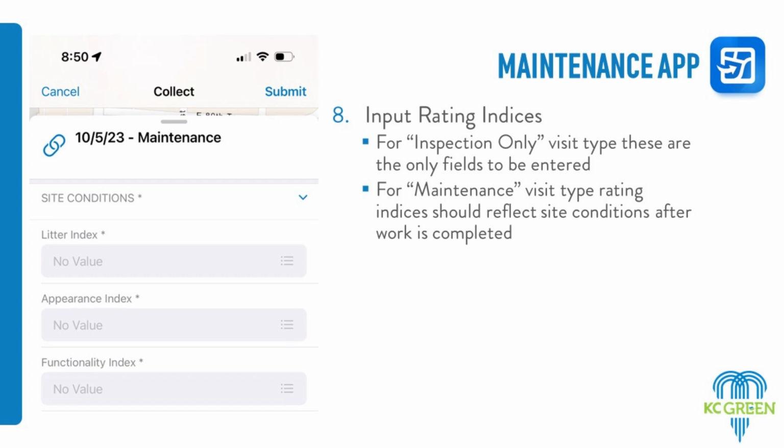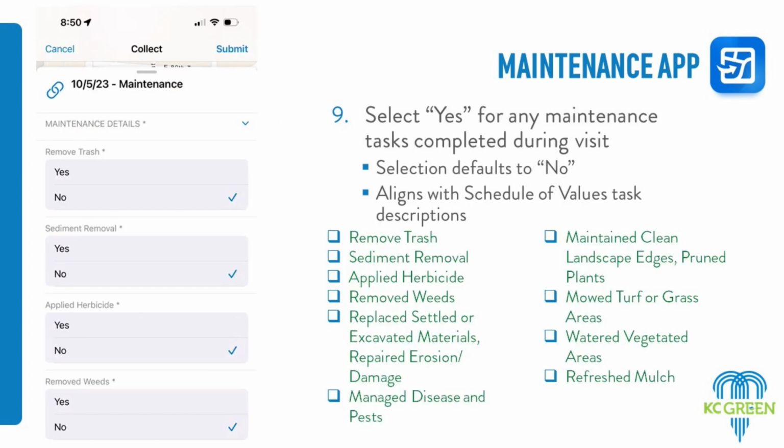So this is just a checklist that you're doing, about the schedule of values. It's just a yes or no. It's pretty simple. You may be removing trash every time you're out there, so that's a yes, but you may only be removing leaves every so often. So every time you're out there, you're checking: did I do this task? Yes or no?